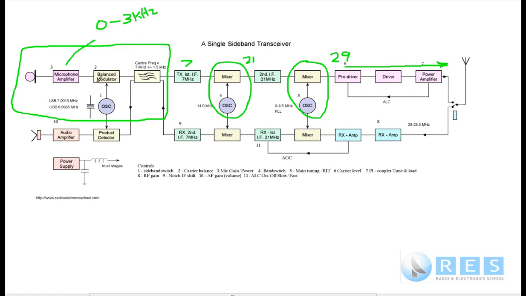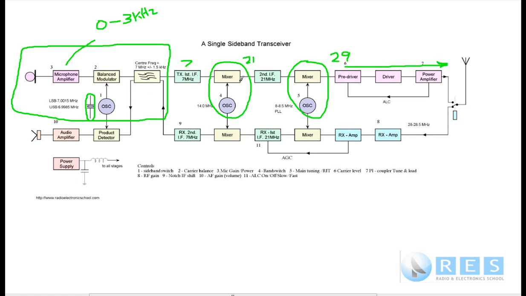The balance modulator is a special type of mixer. The oscillator is an amplifier with positive feedback and a frequency determining device. The filter, we've yet to discuss filters, but that doesn't do any amplification, it's just a filter stage.